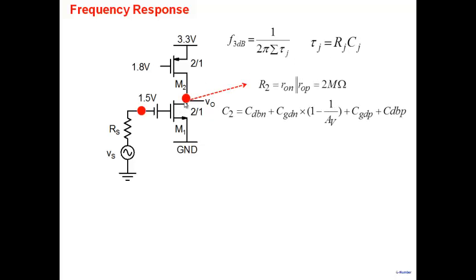So at this particular node, the net resistance, please remember that when we talk about net resistance and net capacitance, it's always between that particular node and small signal ground. One resistance is from looking down, which is R0N.